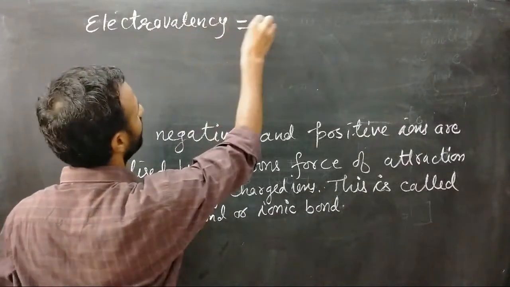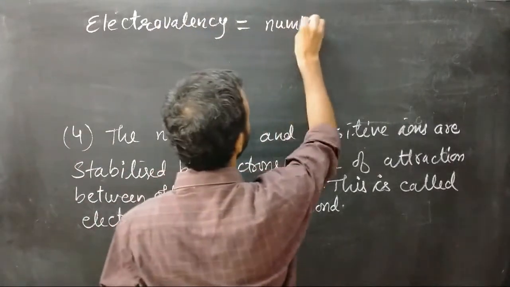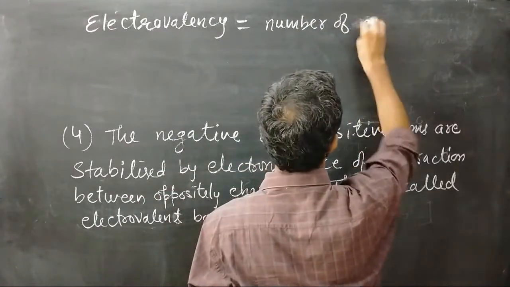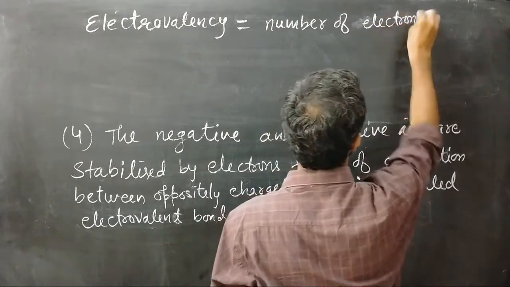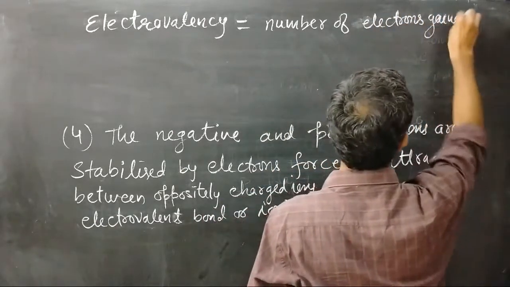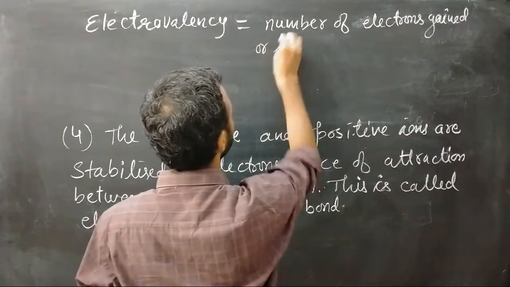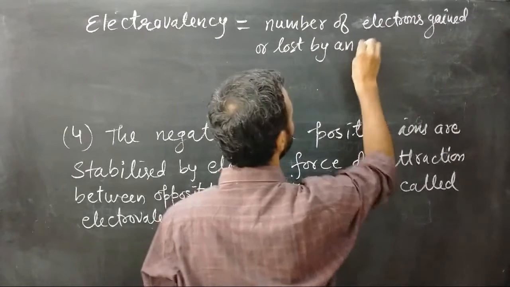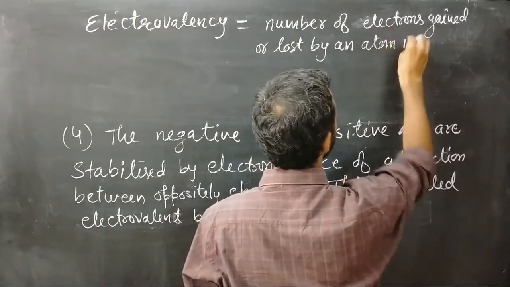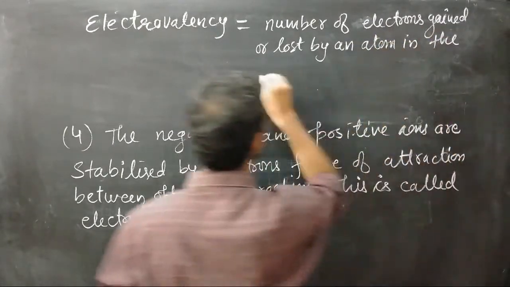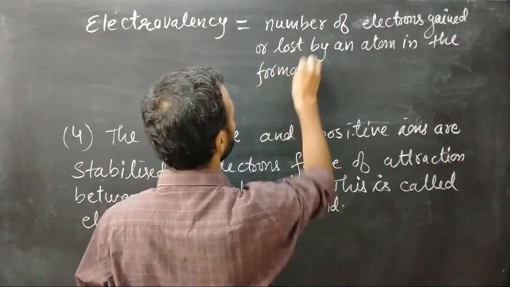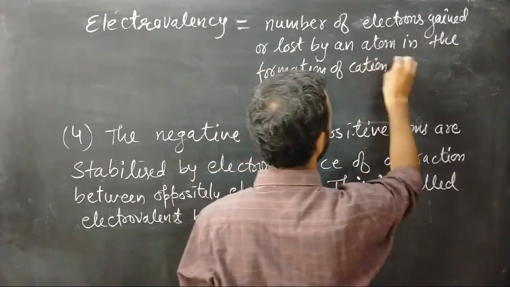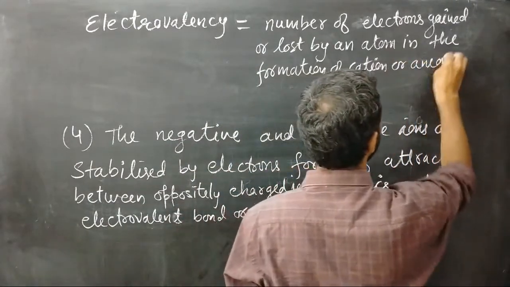Electrovalency is the number of electrons gained or lost by an atom in the formation of a cation or anion.